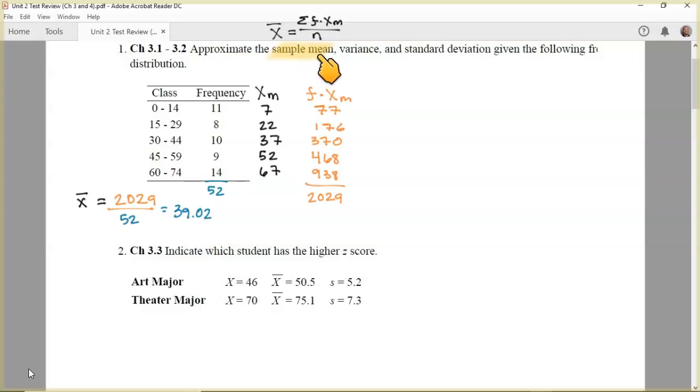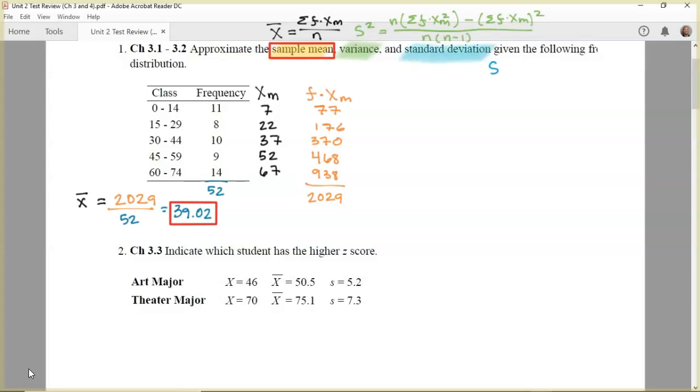The problem also wants us to find a variance and a standard deviation. So we know that the variance in this formula is the sample size multiplied by the sum of the frequencies times the square of the midpoints, minus the sum of the frequency times the midpoints, and that quantity is squared.